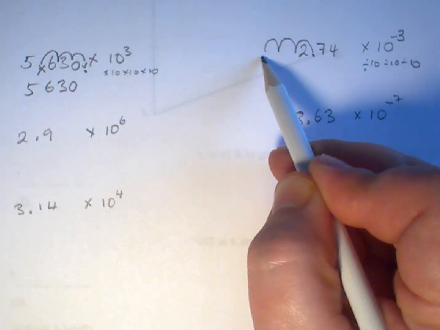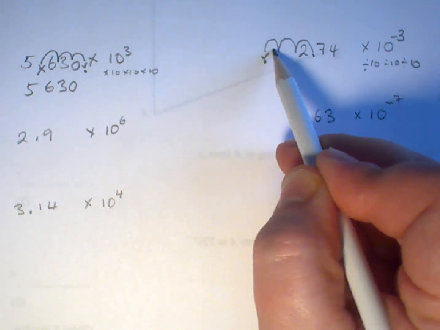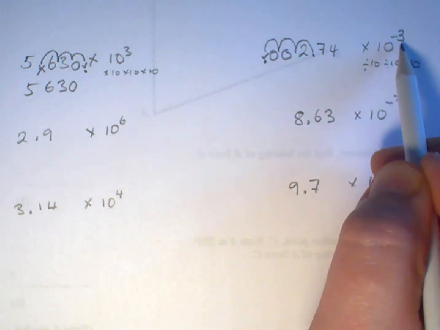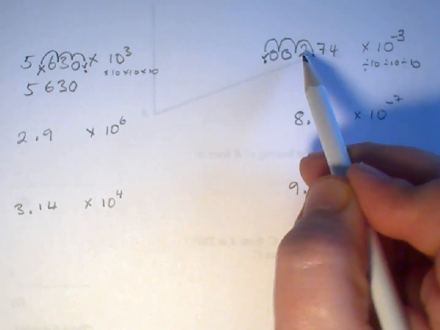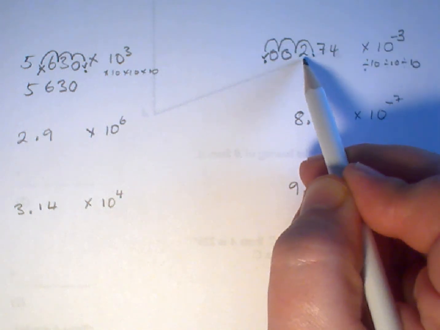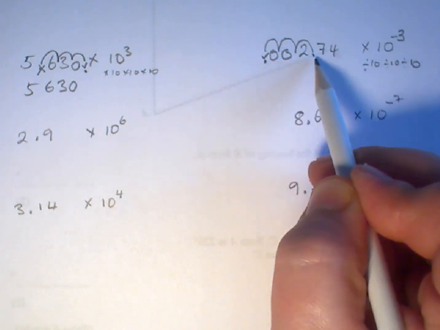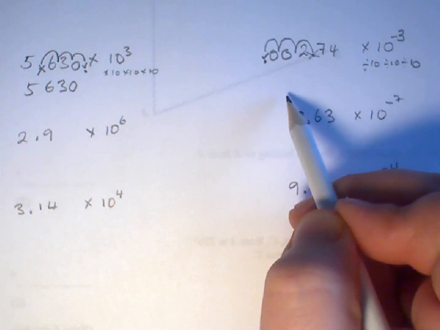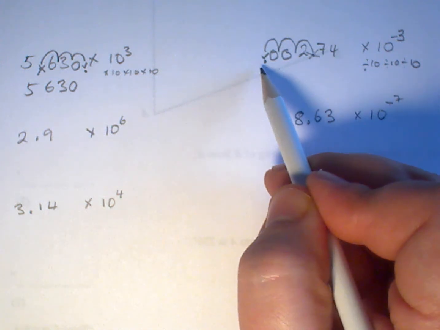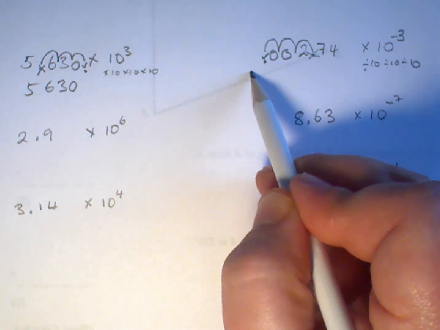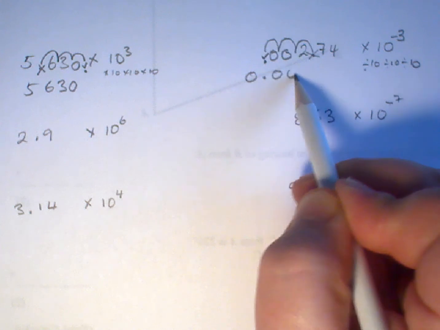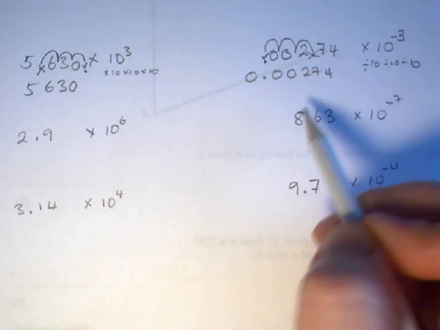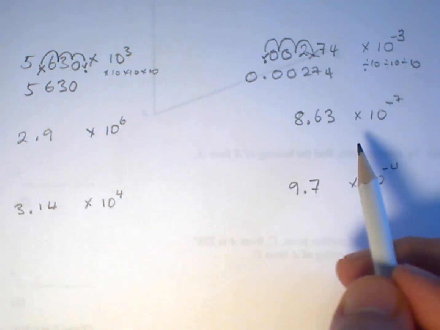And notice that we have only 2 zeros, even though there was a 3 here, because the first jump took me over 2. And I can't have the decimal place in 2 places. I need to destroy it there and allow it there. And write the number neatly, 0.00274.